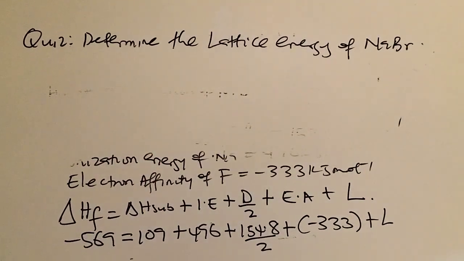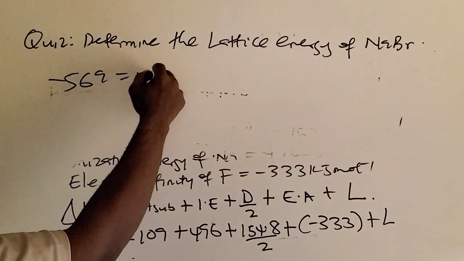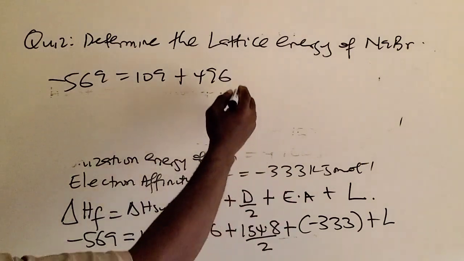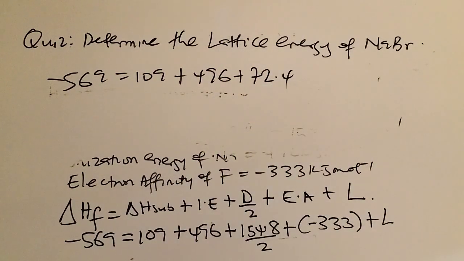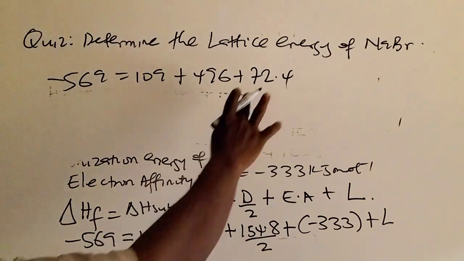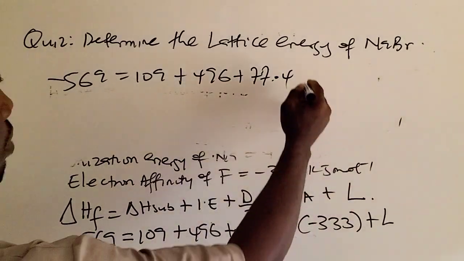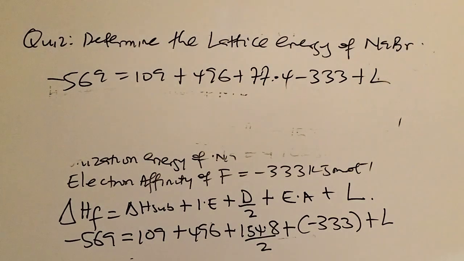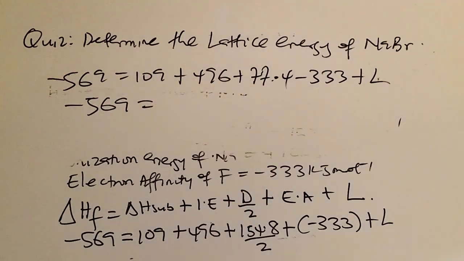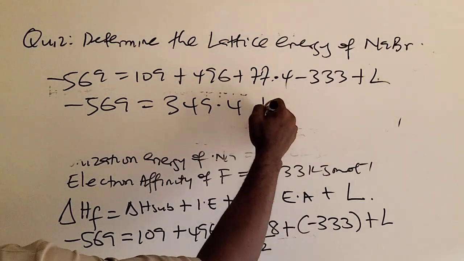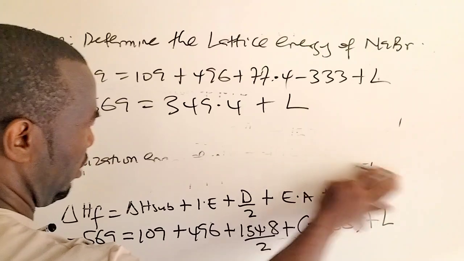So now I have minus 569 equals 109 plus 496 plus 154.8 divided by 2, which gives 77.4, minus 333 plus L. So we can now collect all the terms. 109 plus 496 plus 77.4 minus 333 will give us 349.4, then plus L. Now make L the subject of the formula.